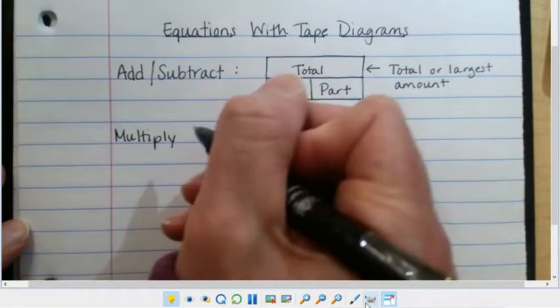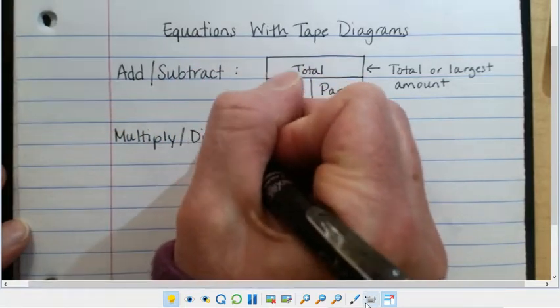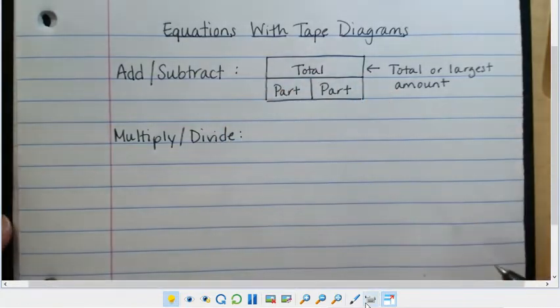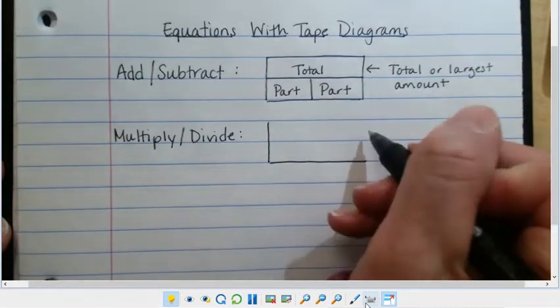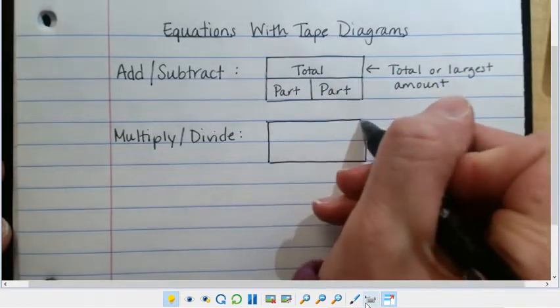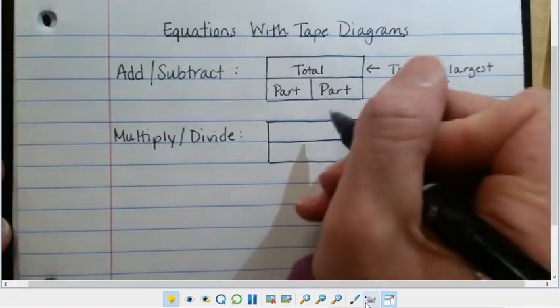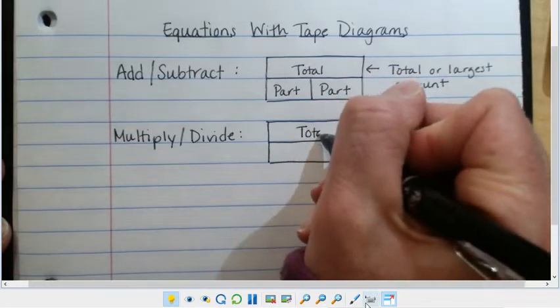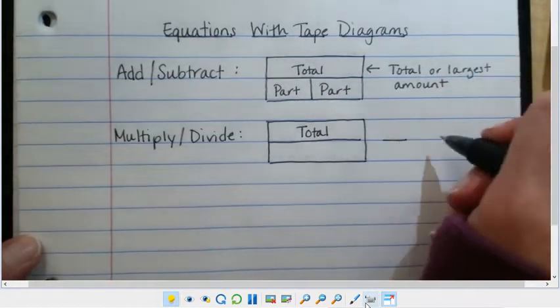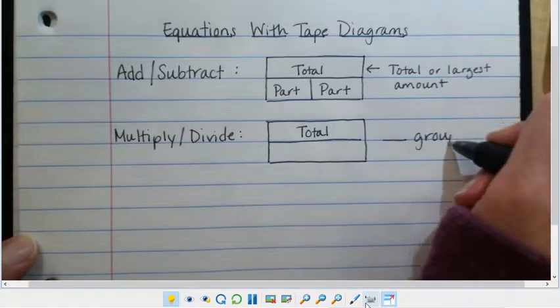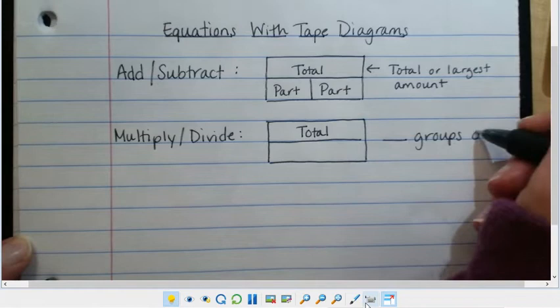When you multiply and divide, it's a little bit different. So you still have your total or your largest part. But remember, when I multiply and divide, it's groups of something. So I'm making equal groups of a certain number.